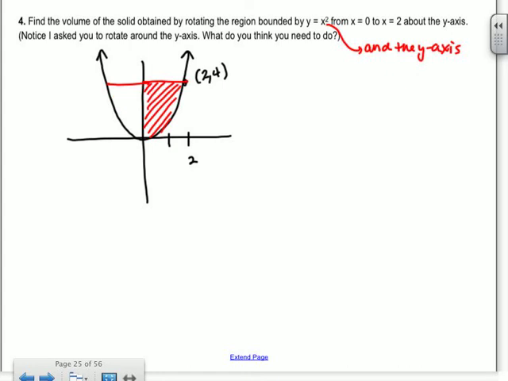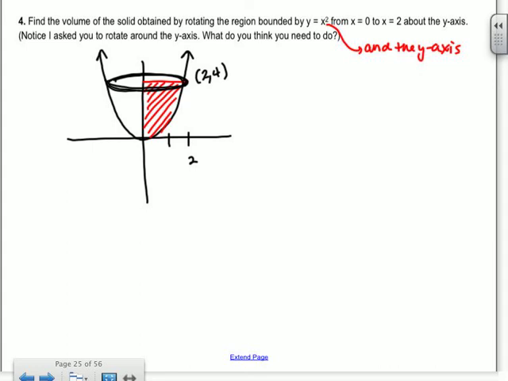Okay, so we're there. All right, so if I'm rotating around the y-axis, think about what shape's being created. A bowl filled in.